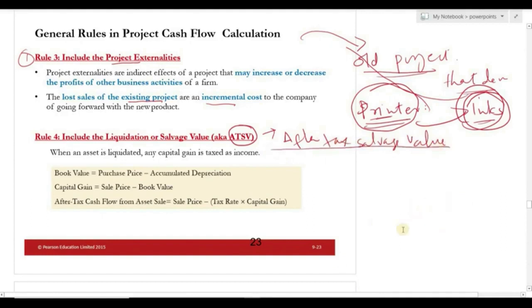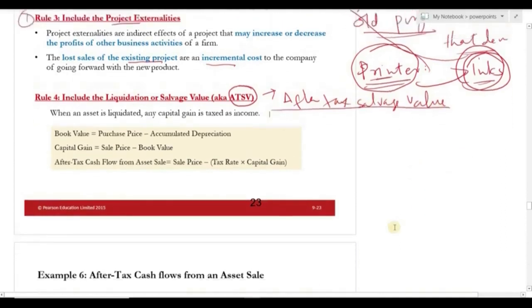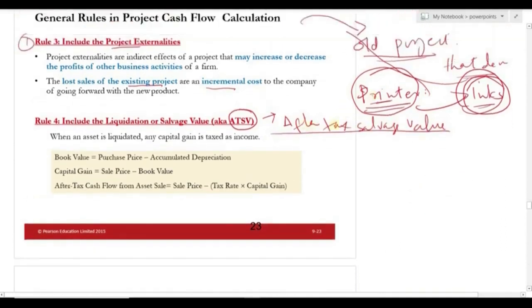Okay, so let's understand this one. For instance, you bought a car for 100,000 and it will be used for 5 years, right?